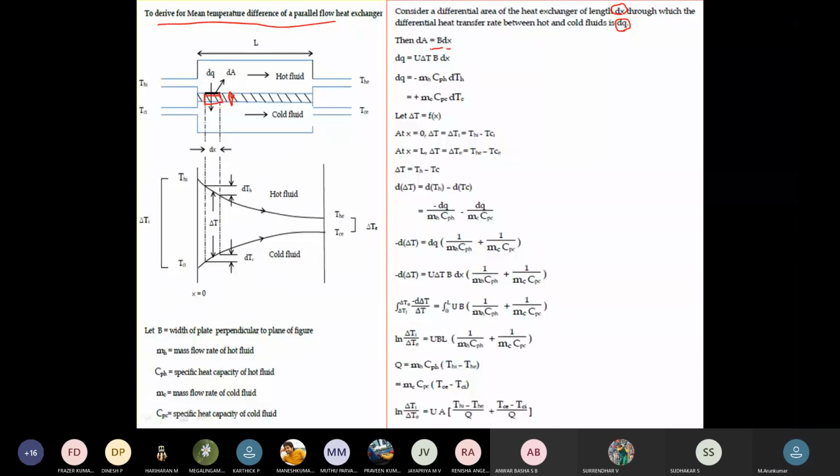Then that can be used in the equation: dq will be equal to U into delta T into dA. So for that dA we can substitute B into dx. Also we can write dq equal to minus m_h c_ph dT_h.